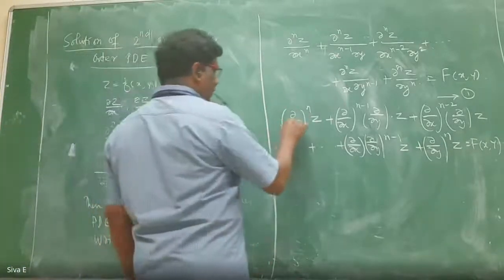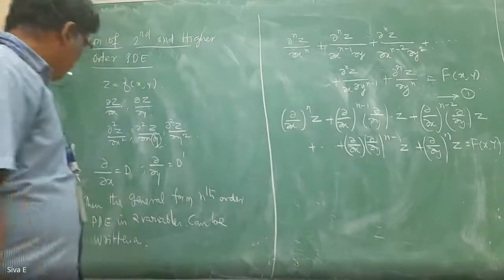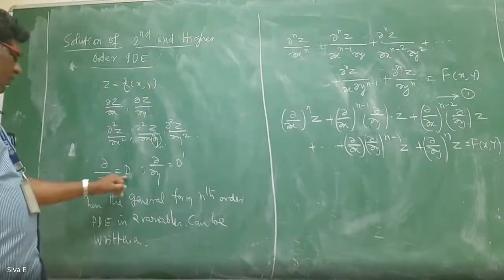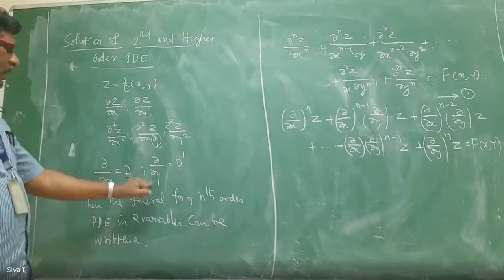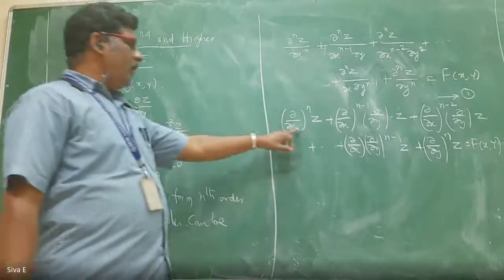So here, dou by dou x is D, dou by dou y is D dash. So how can we write this?